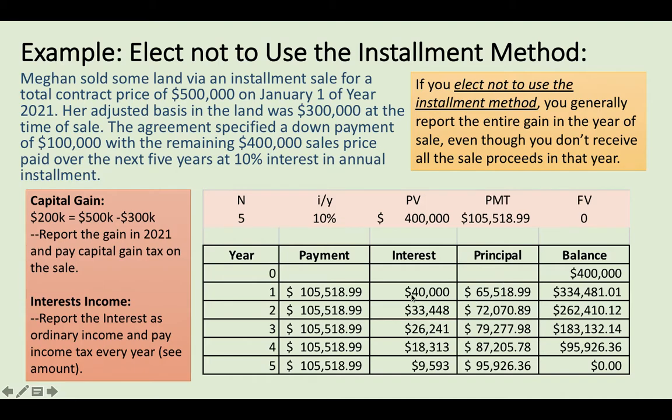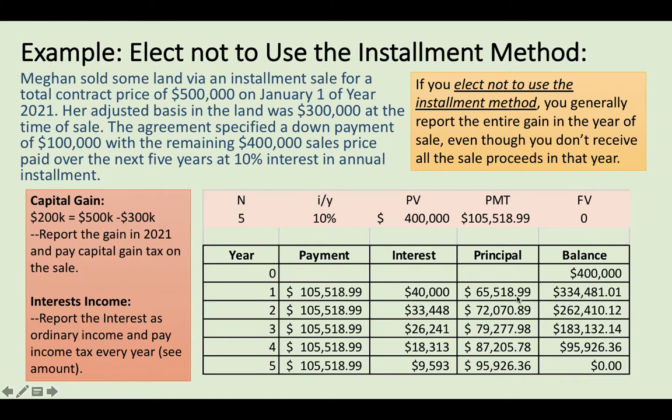For year one, $40,000 is 10% of the $400,000 balance, so that is your interest in year one. Then the principal is your total received payment minus your interest, and the rest is your principal, which pays down your balance.